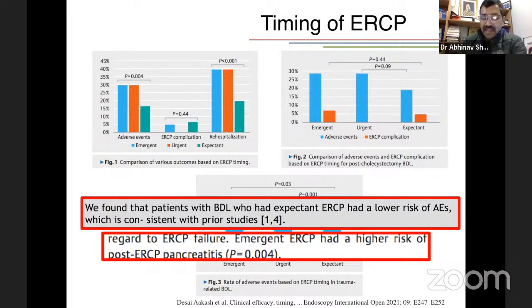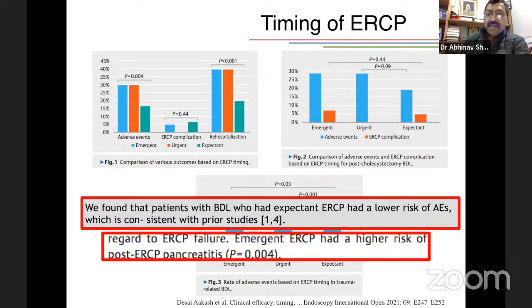But one caveat to be highlighted is that this study and other studies may be subject to what we call emergency bias. It means more serious patients will be taken up for early ERCP, and since they are already serious, there will be high chances of mortality and adverse events there.